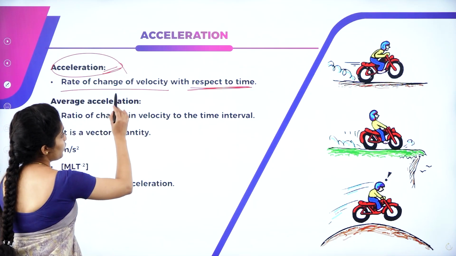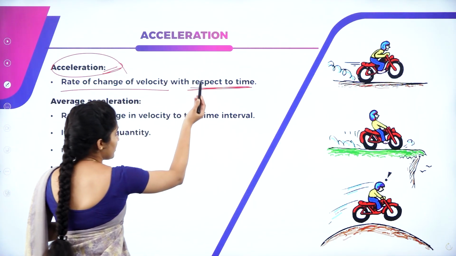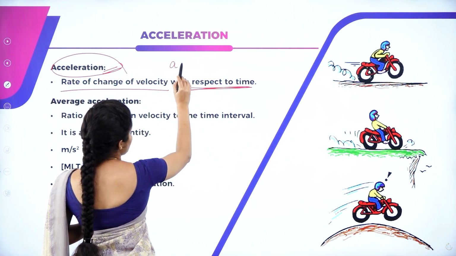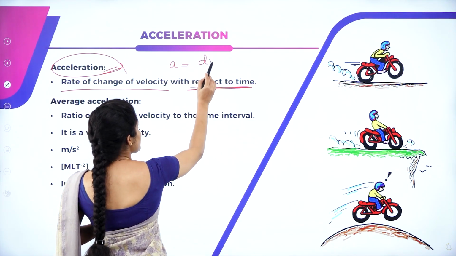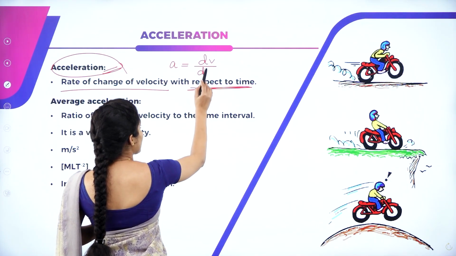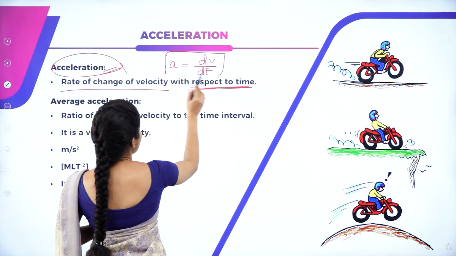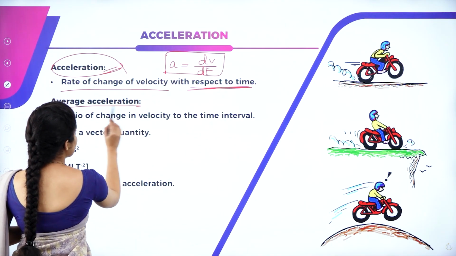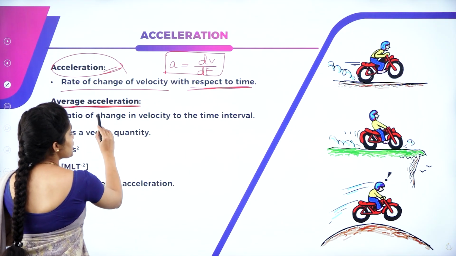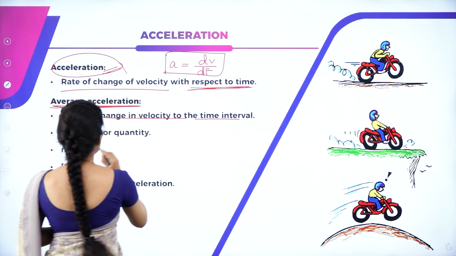It is given by the equation a = dv/dt, the change in velocity with respect to time. Average acceleration is the change in velocity over the time interval.